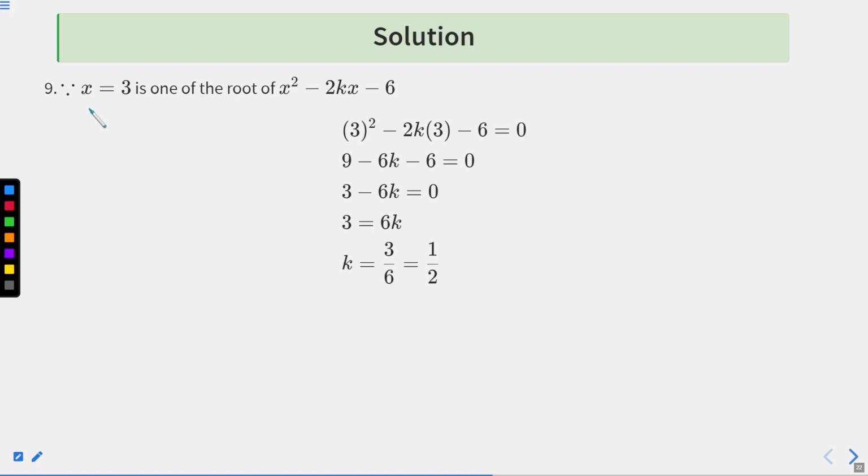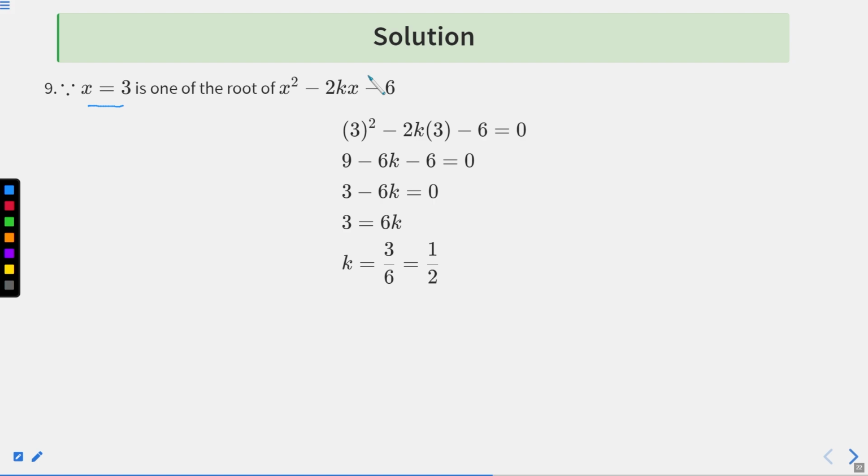Since x is equal to 3 is one root of this equation, and we know x is equal to alpha is called a root of the quadratic equation ax square plus bx plus c is equal to 0 if alpha satisfies it, that means a alpha square plus b alpha plus c is equal to 0.